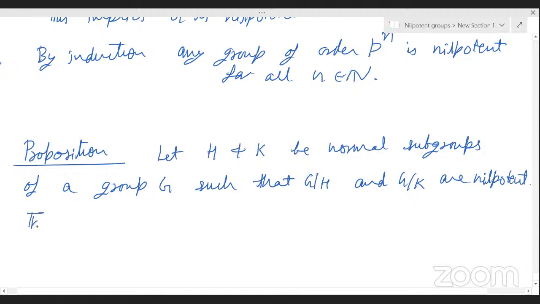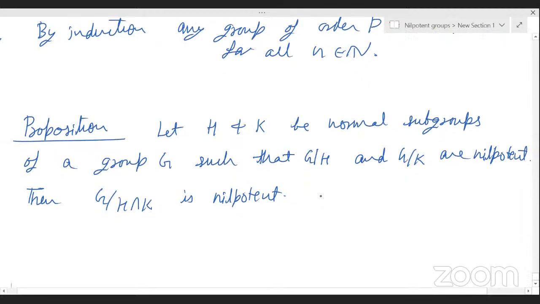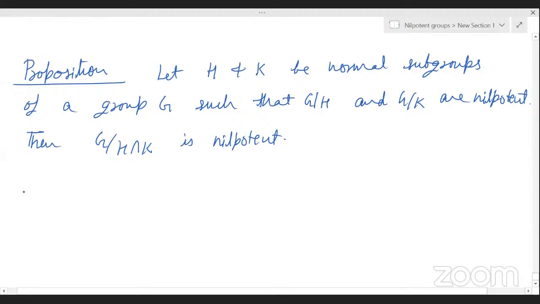Then G by H intersection K is nilpotent. Suppose I take two normal subgroups H and K of a group G such that G by H is nilpotent and G by K is nilpotent. Then the proposition says that G by H intersection K is also nilpotent. And the proof is simple.